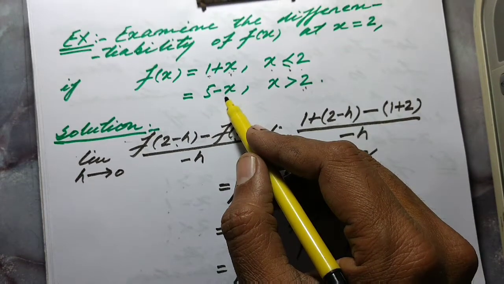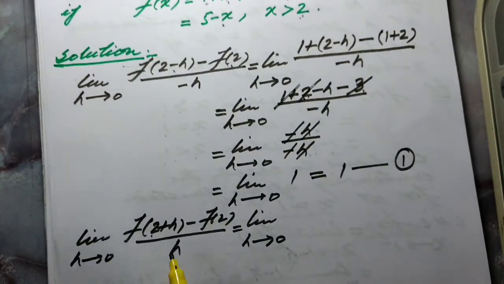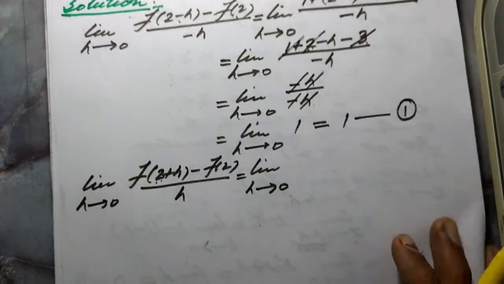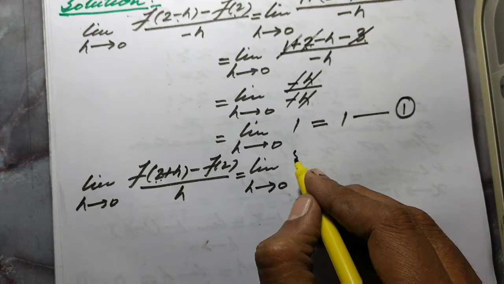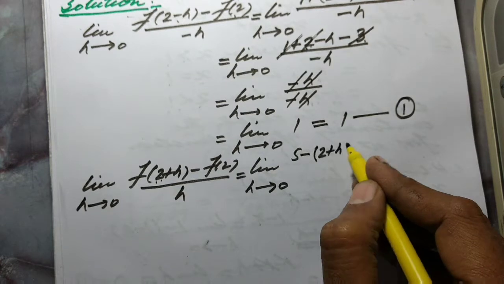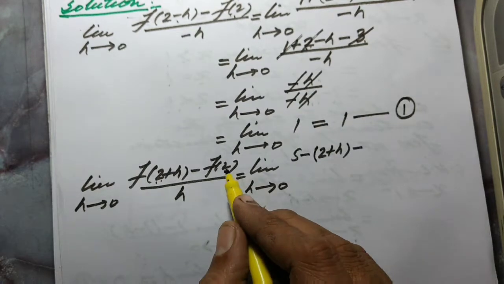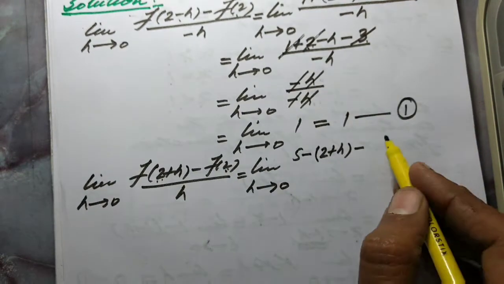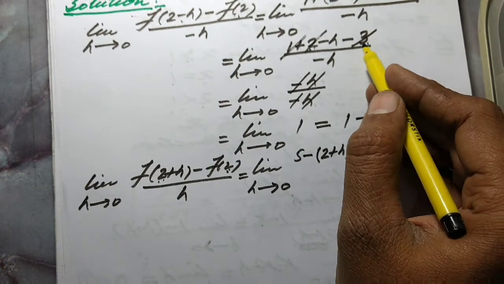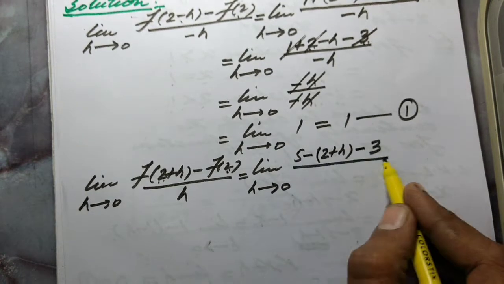In this expression, 5 minus x, we replace x by 2 plus h, that is f(2 plus h), minus f(2). f(2) we have already calculated in the previous section, in the case of left hand differential, that is 3. So we write 3 upon h.